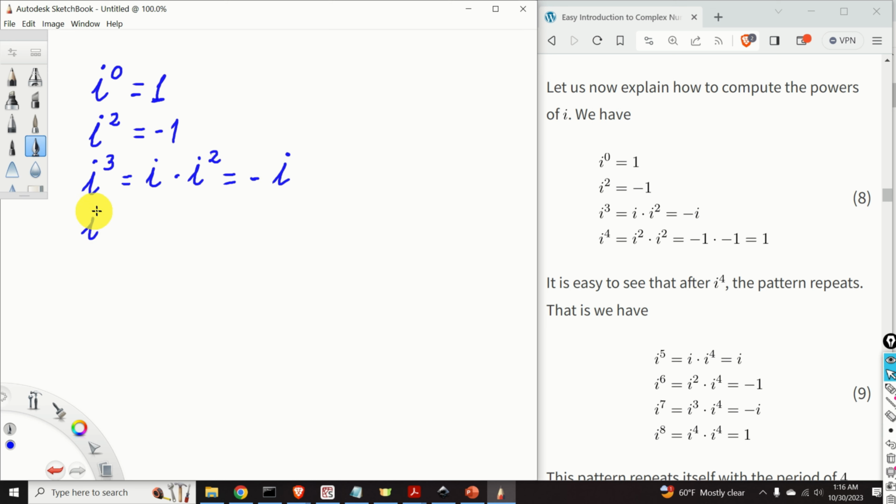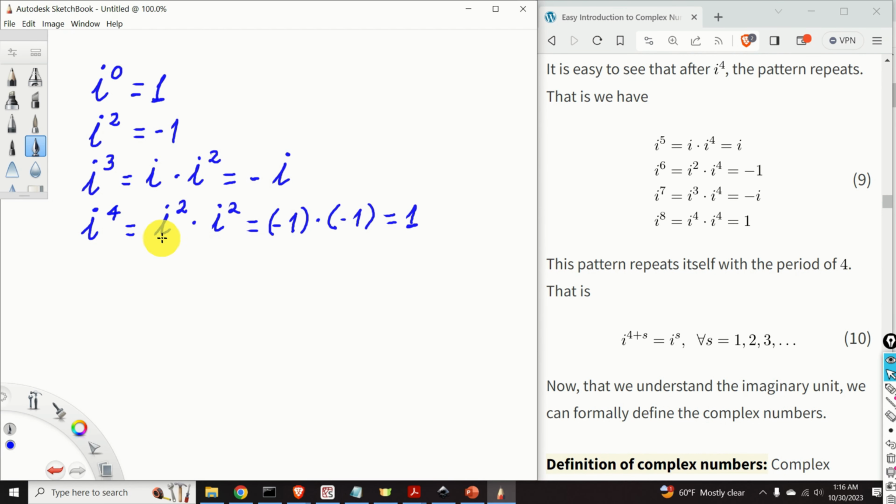Let's compute i to the power 4. i to the power 4 is i squared multiplying i squared, and by definition, this is -1 and this is -1. So we have -1 multiplying -1, and that's equal to 1.